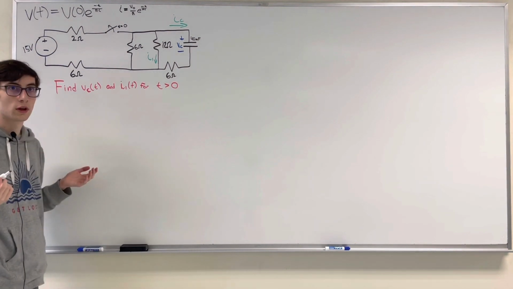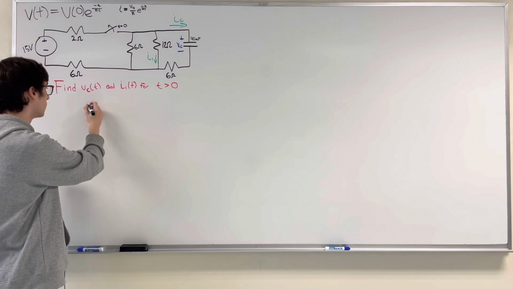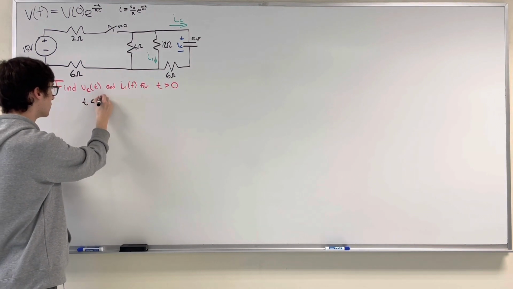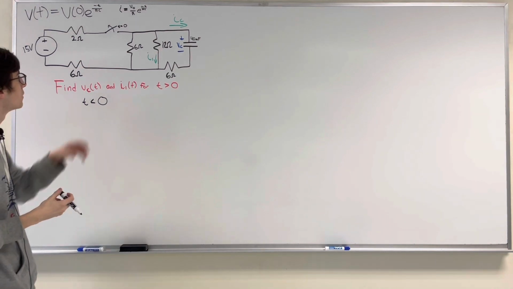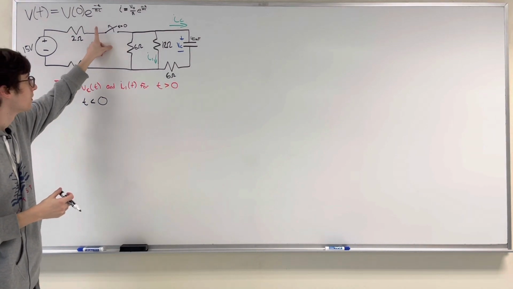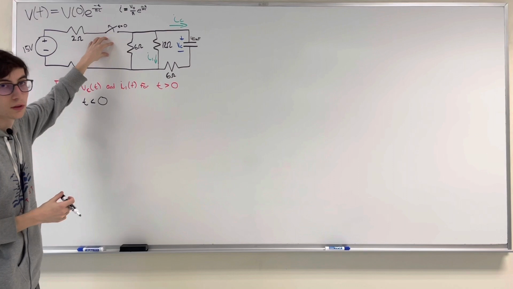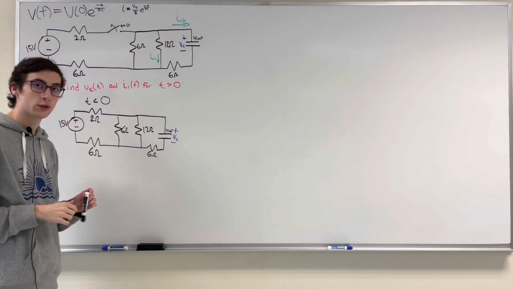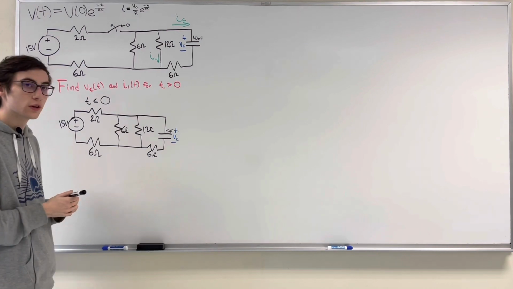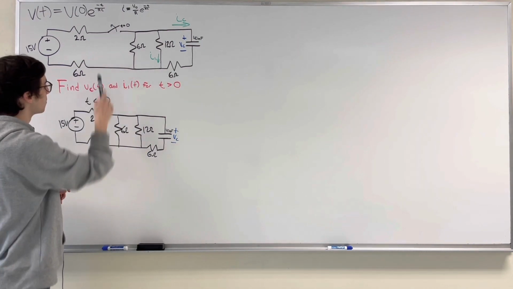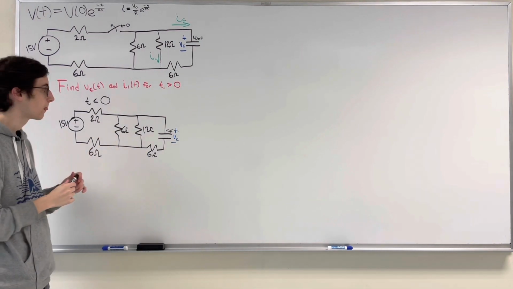So basically, I'm going to find the circuit when time is less than 0. To do that, we know that this switch was closed, so we just have to make this circuit a DC circuit. I've redrawn the circuit for when time is less than 0. I just took this switch and made it a wire.